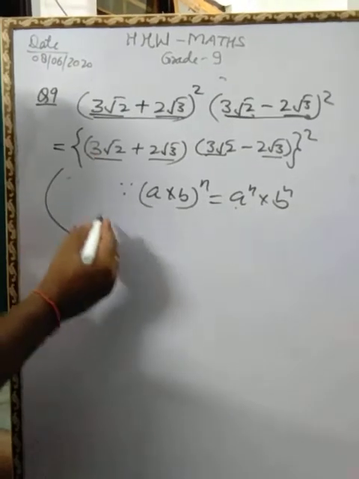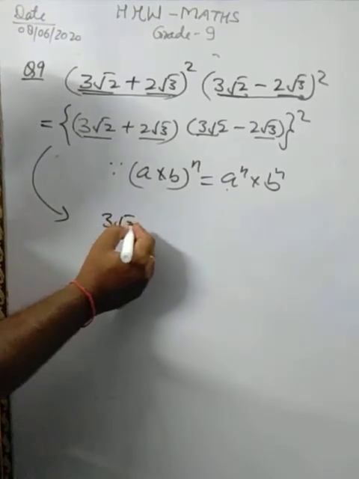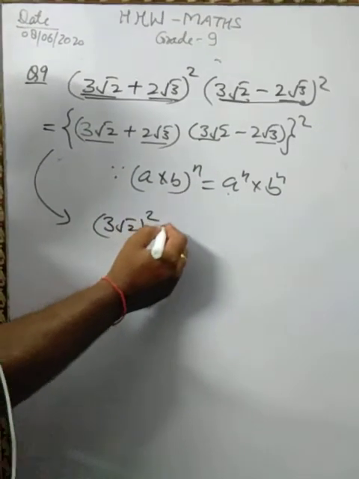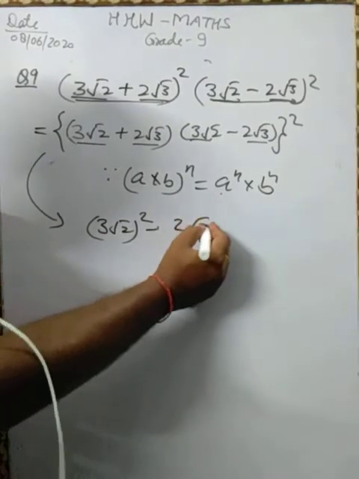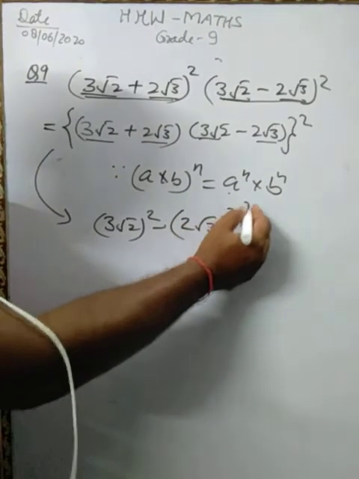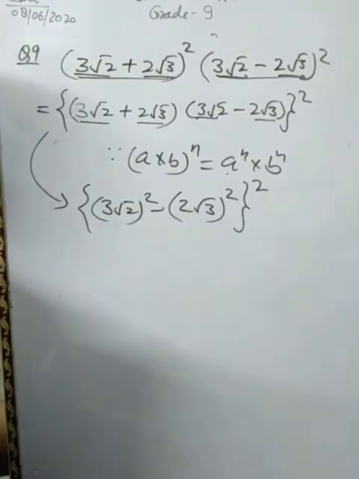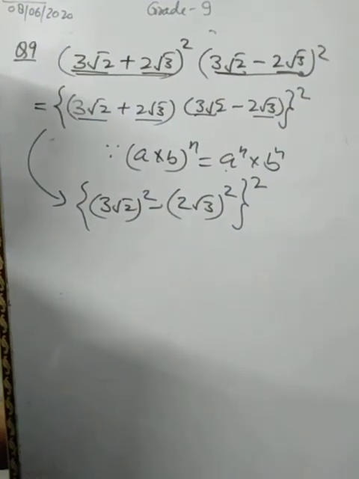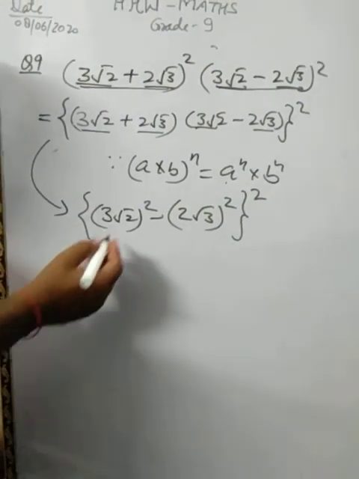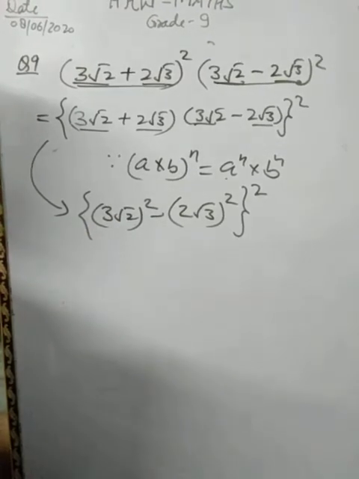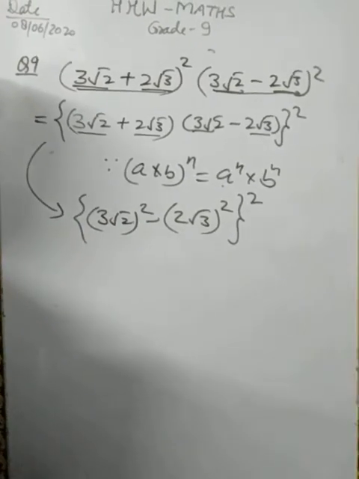So we can write this as (3 root 2) whole square minus (2 root 3) whole square, raised to the power 2. We are doing this operation inside the curly bracket, and the formula used here is known as the difference formula, right?